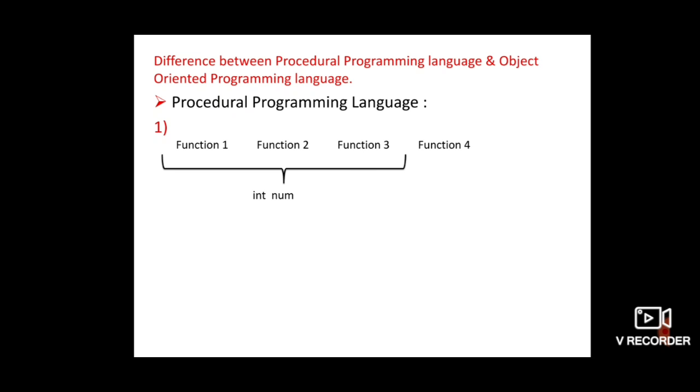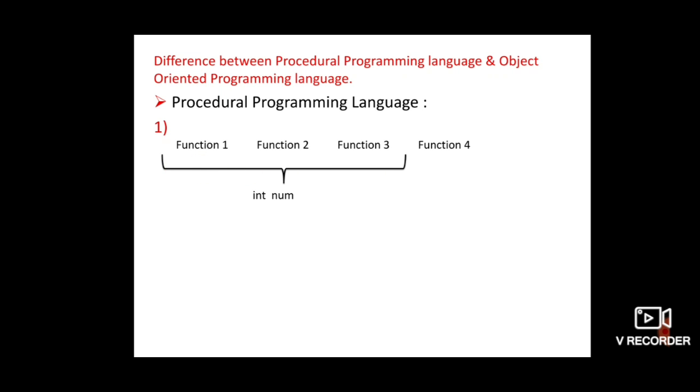Then how to declare the num variable? There are 2 ways. First, I can declare int num in each function. The num variable is declared in function 1, function 2 and function 3.